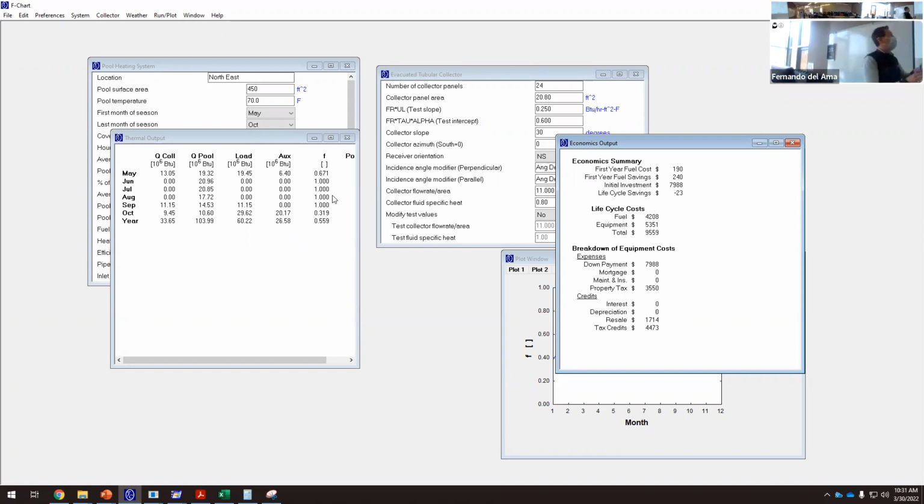If this is 1, that means that the temperature of the swimming pool will be 70. In June, July, August, and whatever, we don't need any auxiliary energy for that. And probably in May and October, we don't have enough heat to push the temperature of the swimming pool to 70 Fahrenheit.